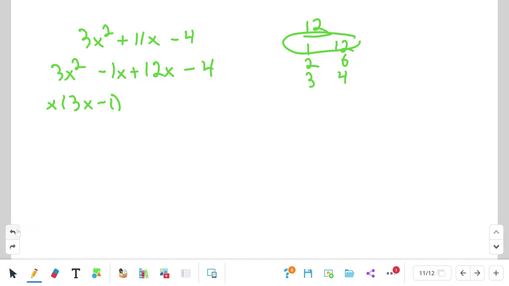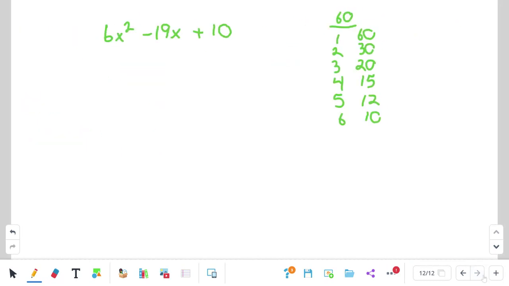Okay, try again. Biggest thing that divides out of there is positive 4. Nice catch. And then what's left over inside? 3x minus 1, just like I was hoping for. Now each of them has a 3x minus 1, so factor that out, and you're left with x plus 4. There's the factored form of that trinomial.